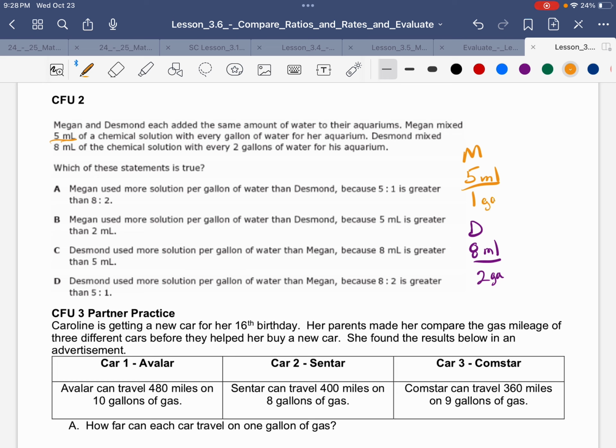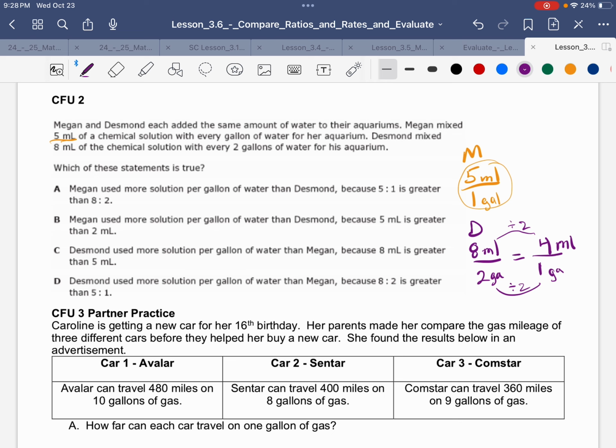So we need to see whose unit rate is greater, okay? For Megan, this is already her unit rate. But Desmond, we got to get him to a unit rate. If we want this to be a unit rate, we need to be 1 down here, right? 1 gallon. To get from here to here, you divide by 2. From here to here, we're going to divide by 2. 8 divided by 2 is 4. So Desmond is using 4 milliliters for 1 gallon. So he's using less solution.